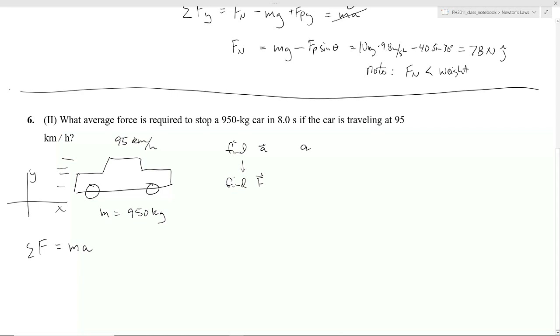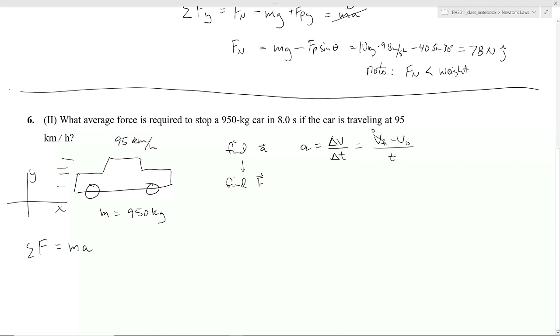Okay. And in order to do this, notice our acceleration, we need a change in velocity per change in time. And normally with the change in time, we're just assuming that we're counting up from 0. But this final velocity would be 0.